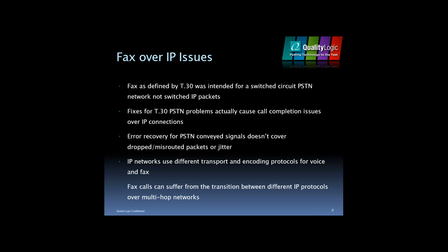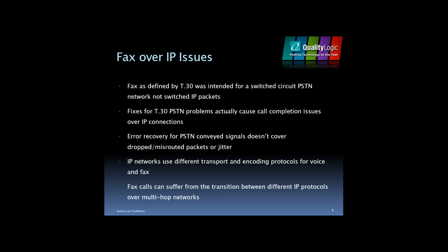So T30 itself has nothing built into it to deal with this. And the result is that when the fax signals are converted to go over the IP network and then reconverted back into fax signals, you have to compensate not only for the analog ends, but also for the digital middle, if you will.